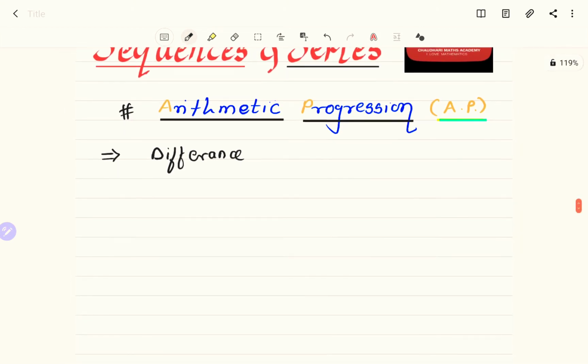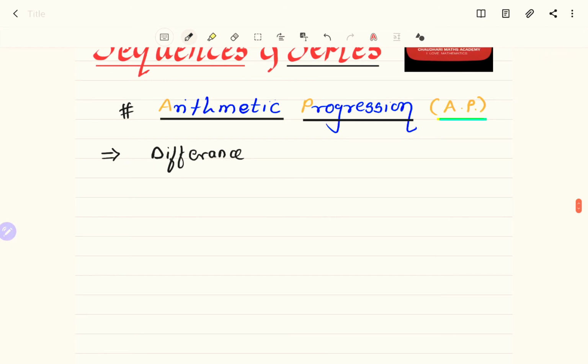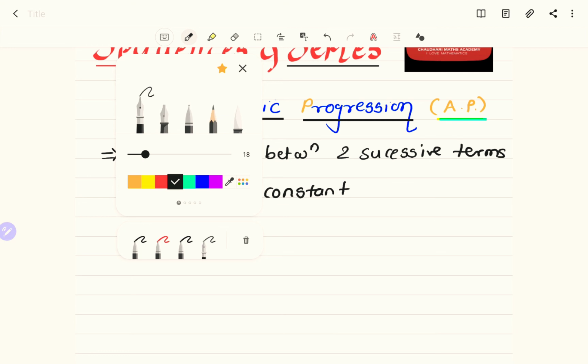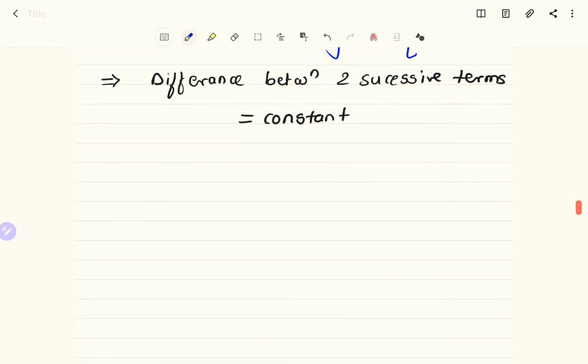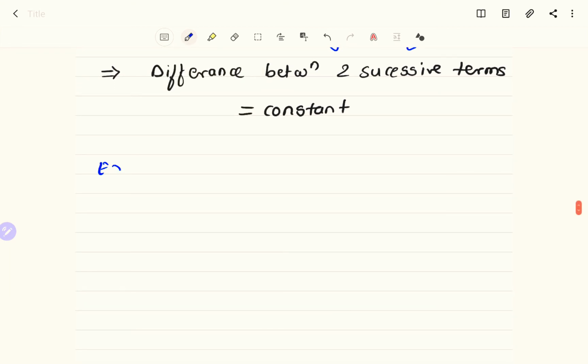Successive terms means one after another. If that difference between two successive terms is every time constant, then we say that the sequence is in AP. Let's understand this using an example.